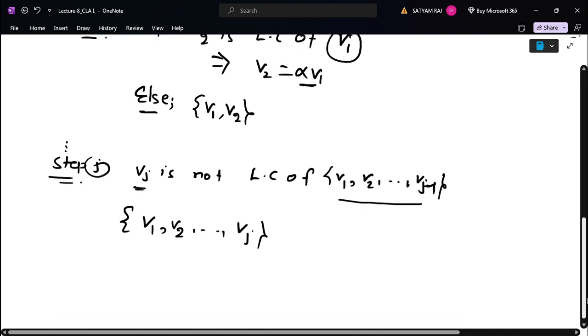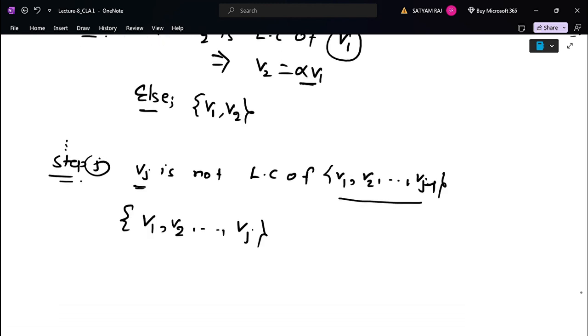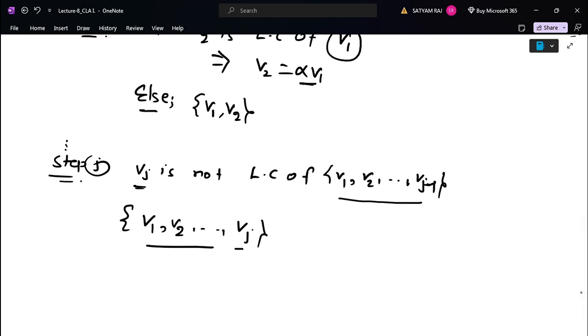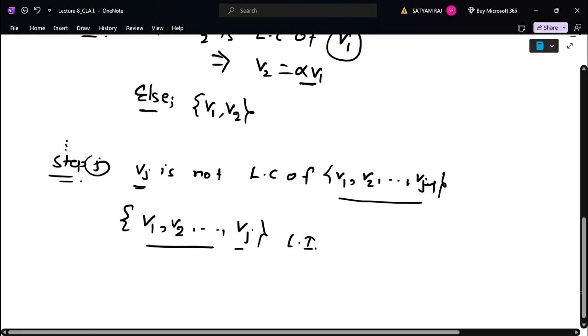We are taking only those vectors which are not linear combinations of the previous ones. What does it mean? We are taking only linearly independent vectors, so this is linearly independent by construction.